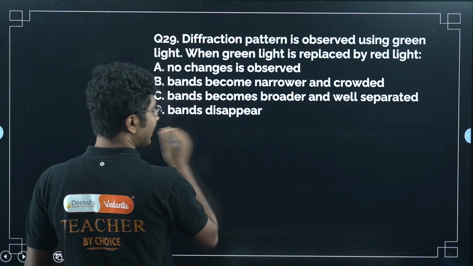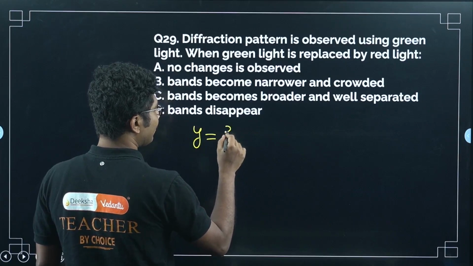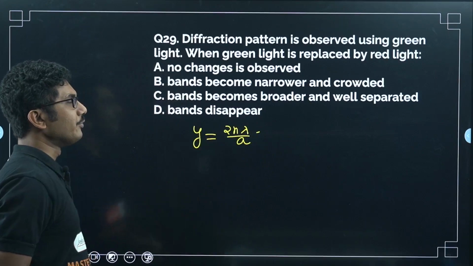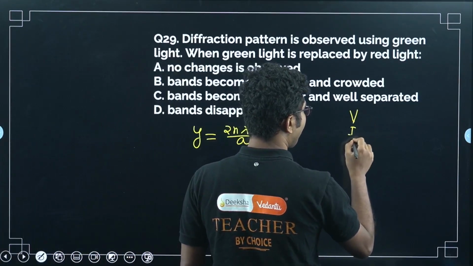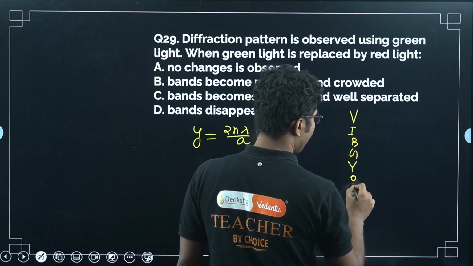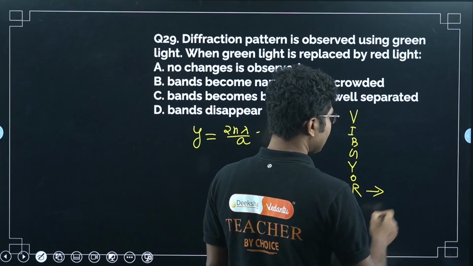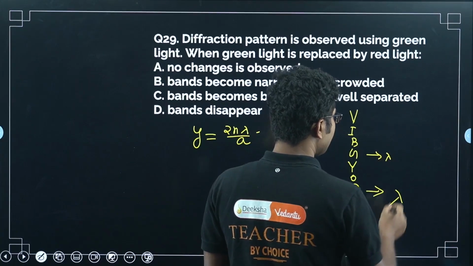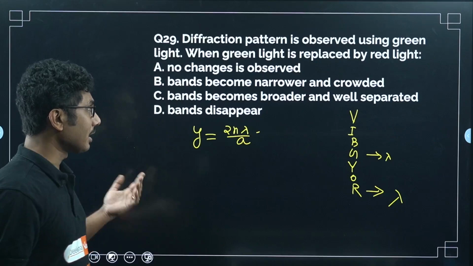We know the width, as we solved in the previous problem, is given by 2n lambda by A. In the spectrum VIBGYOR, red has the highest wavelength, and violet has a smaller wavelength. So the higher the wavelength, the broader the band will be, right?